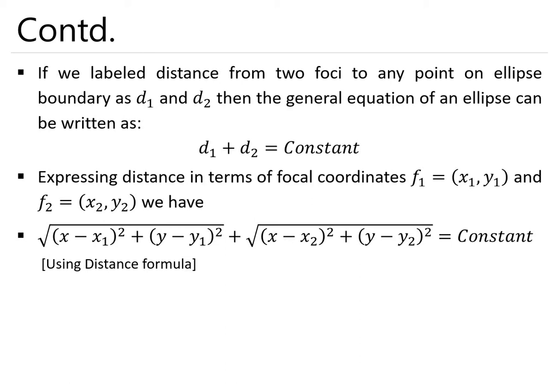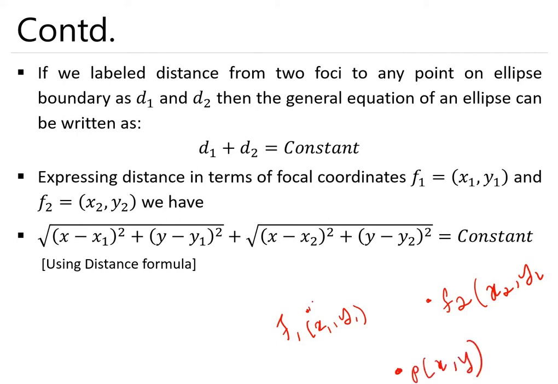Okay, so here if we use F1 equals (x1, y1), this is F1 and it has coordinates x1, y1, and F2 has coordinates x2, y2, and then there is a point P(x, y) here.